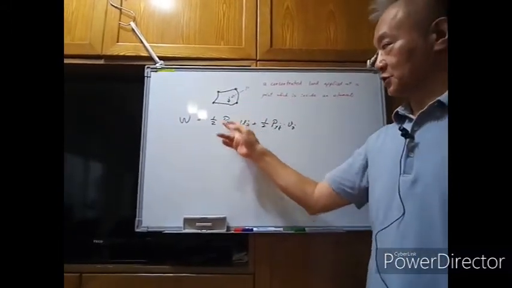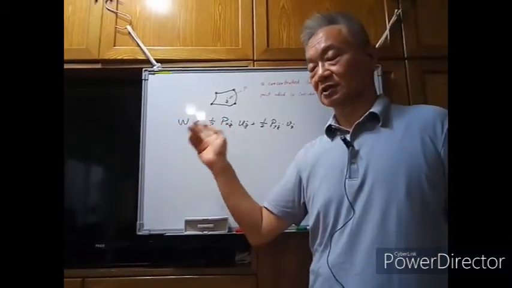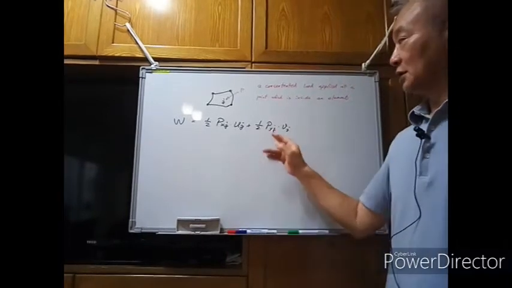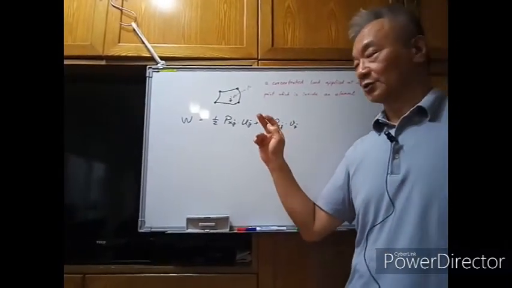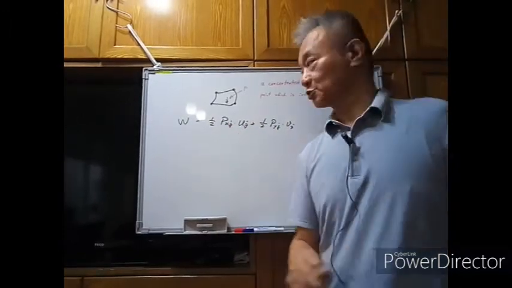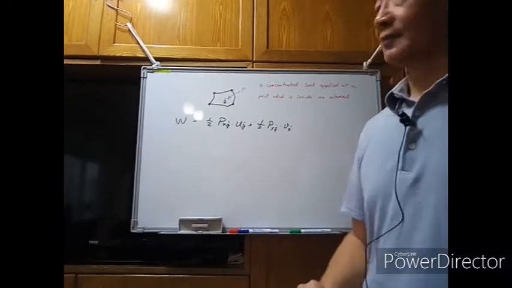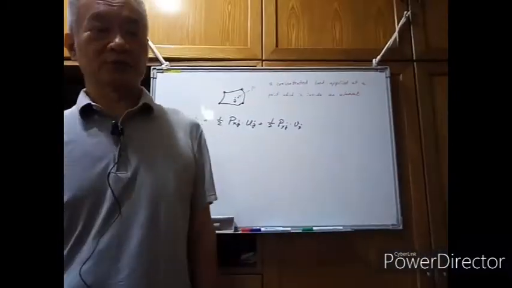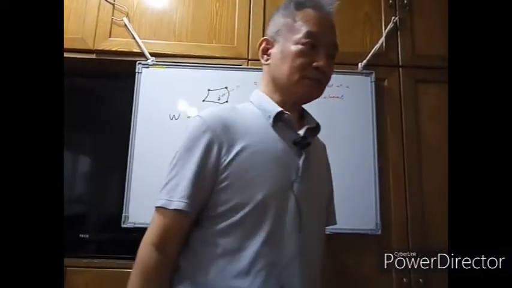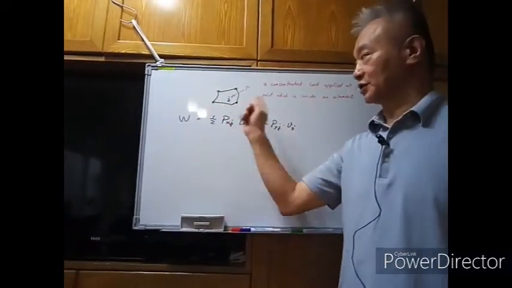The Pxj is the applied loading component along the x direction, and the Pyj is the component load along the y direction. Okay, we need to multiply the uj and the vj. Okay, but right now we do not have the directly assumed nodal displacements.